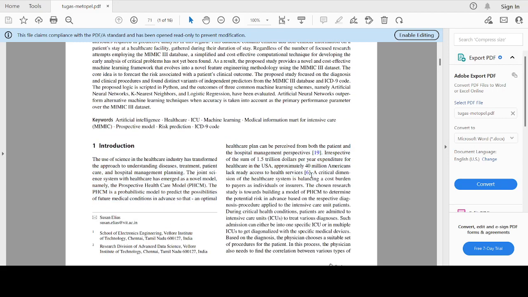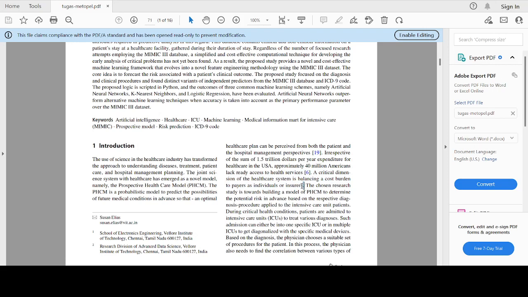A critical dimension of healthcare system is balancing a cost burden to the payers as individual or insurers. So basically in hospital, you will commonly divide it into two categories based on how you pay. First is individual and insurance, in Indonesian language it's asuransi.